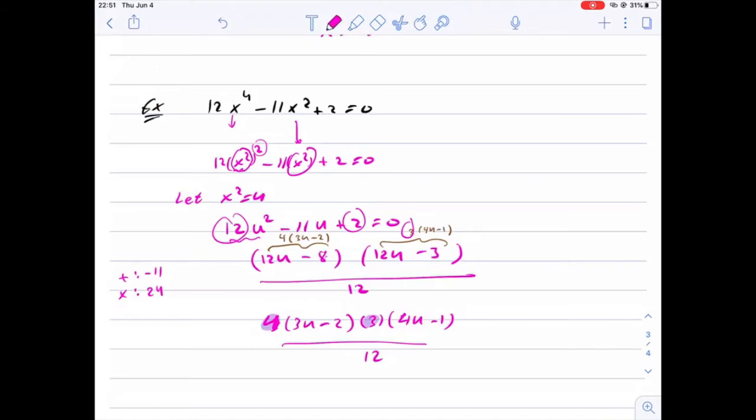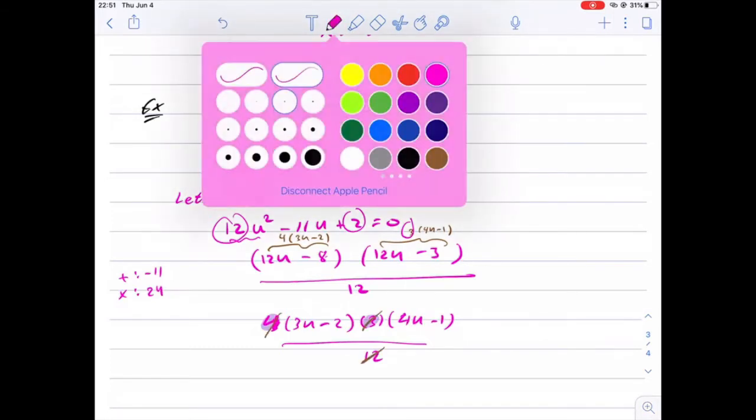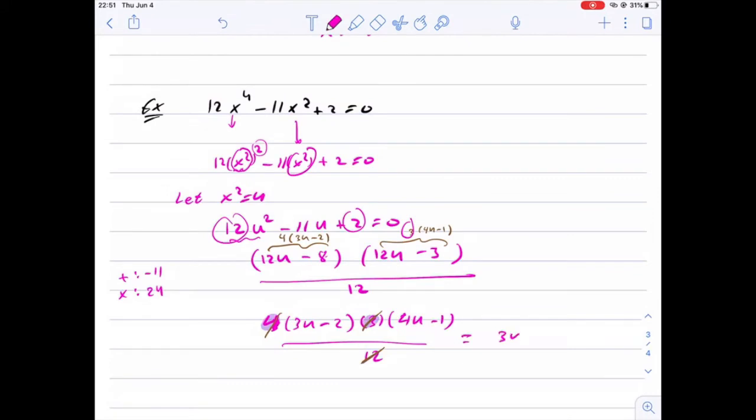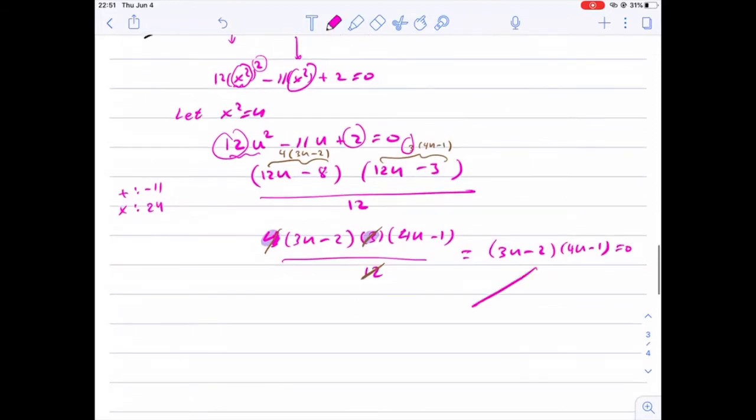So we can cancel this 12 with the 12 in the denominator, and this gives us 3u minus 2 times 4u minus 1, and this is equal to 0. Now we can use the property that we usually use in this situation, the zero factor property, and then we solve for u.